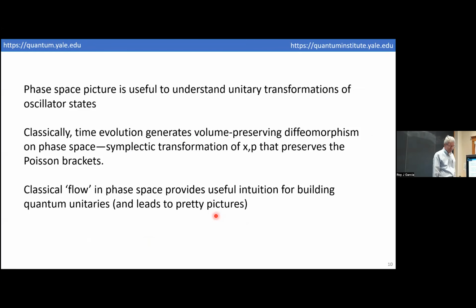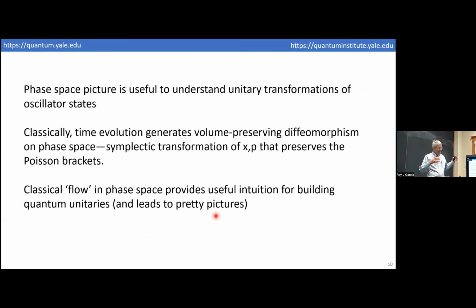Okay, so again, since this is a picture seminar, I thought I would point out that if you use this phase-space quasi-probability representation, it's very useful to think, even classically or semi-classically, about the flow of a system through phase space.